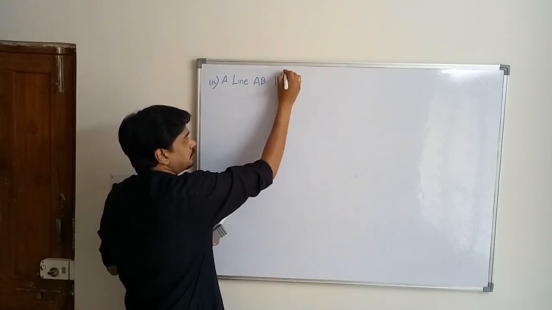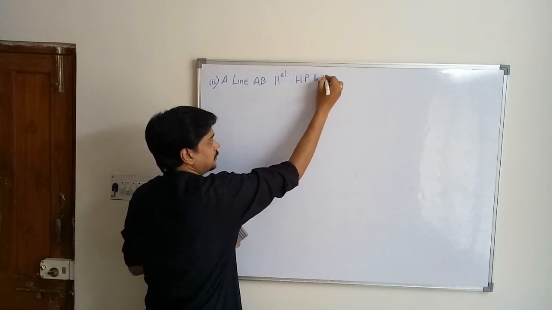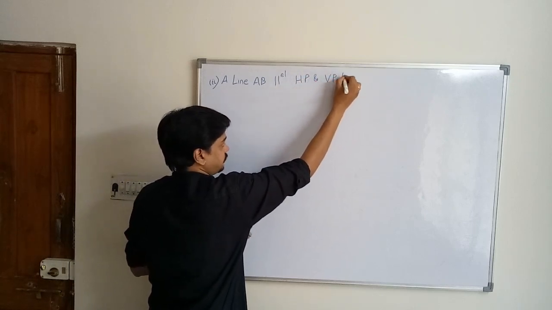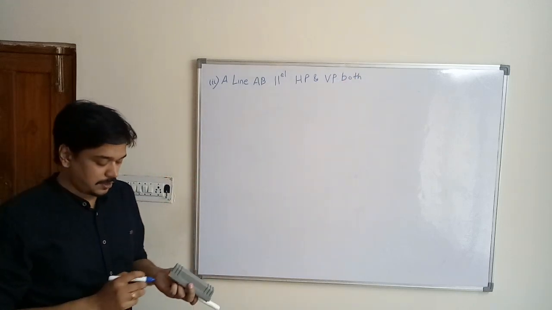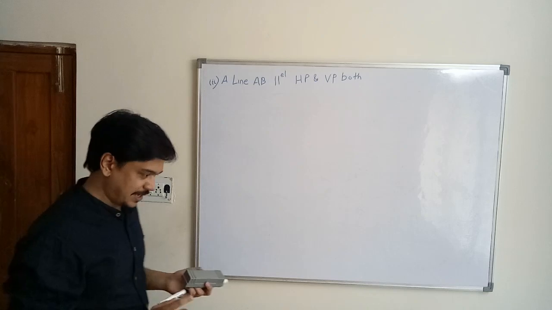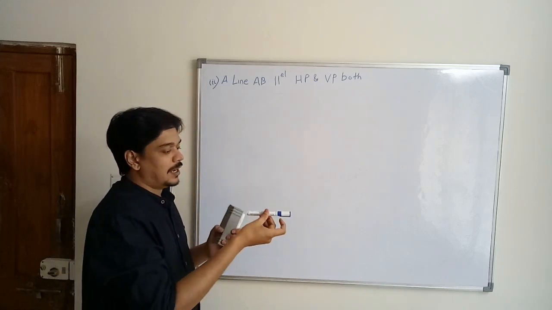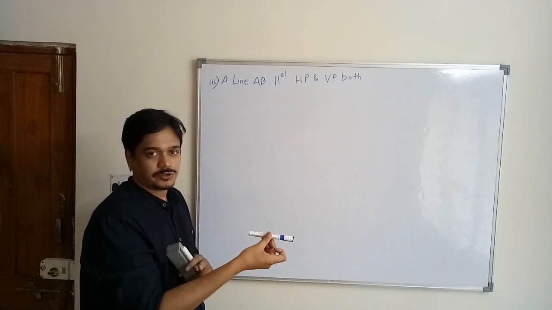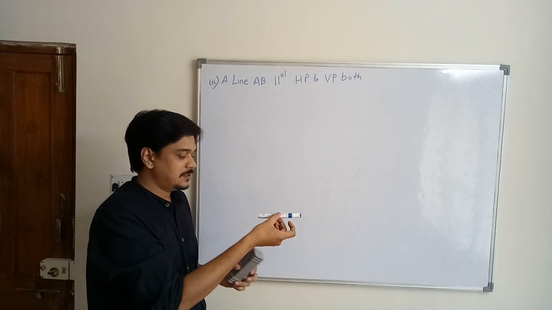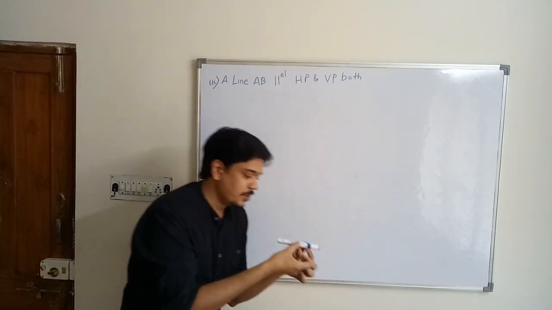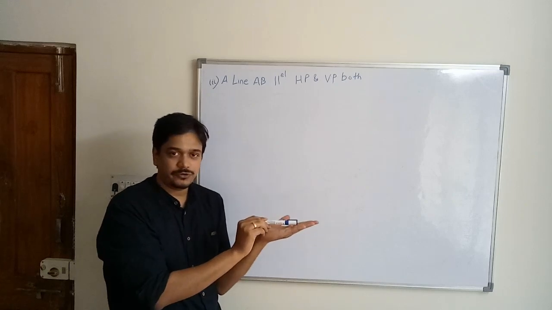So this line AB is parallel to HP and VP both. Again you have to imagine how this situation can be. A line is parallel to the horizontal plane and also parallel to the vertical plane. This is the position of a line which is parallel to the vertical plane and parallel to the horizontal plane.